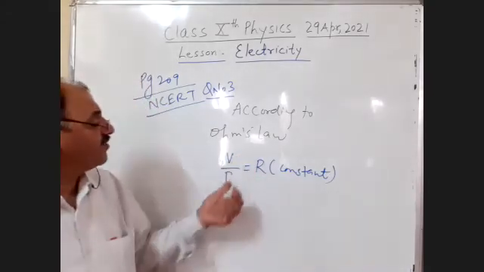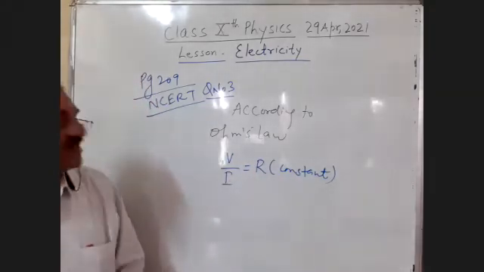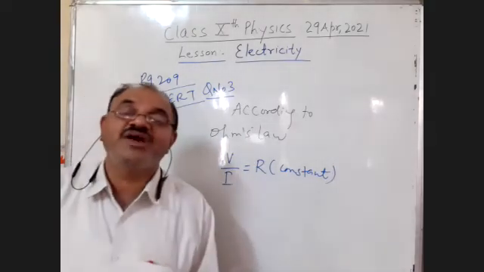Similar to that, now by using this formula, V by I is equal to R, this formula is also self-explanatory.